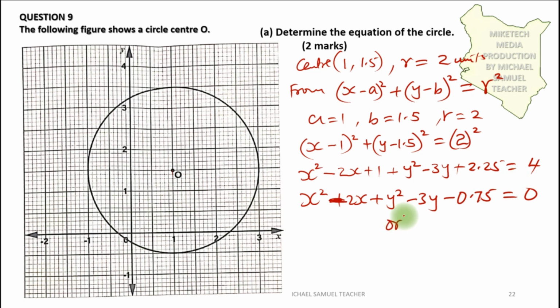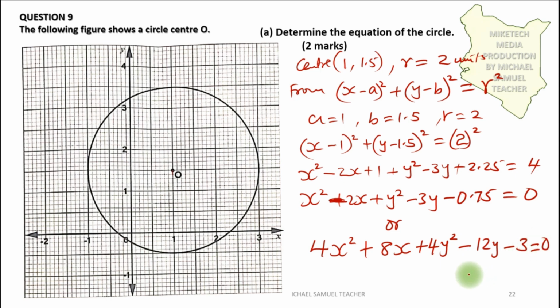Or you can rewrite it, removing the decimal point, since minus 0.75 is the same as minus 3/4. Multiply through by 4, which gives 4x squared minus 8x plus 4y squared minus 12y minus 3 equal to 0. So that's another way you can rewrite the equation of the circle, and it is acceptable.